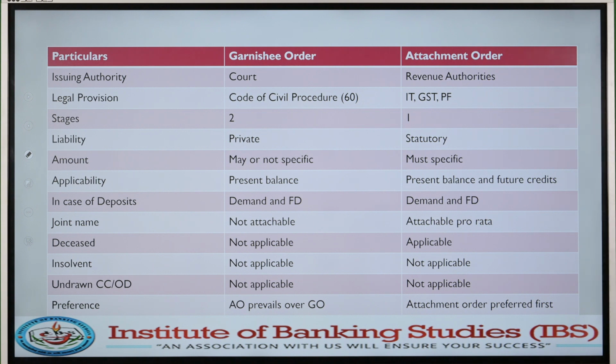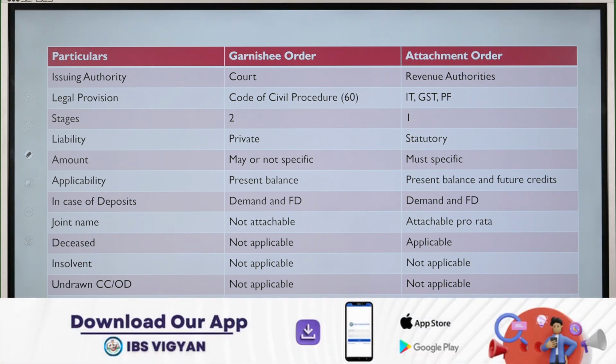Regarding legal provisions, a garnishee order is issued as per the Code of Civil Procedure, whereas an attachment order is issued by revenue authorities as per the respective act, maybe the IT department, GST or even PF. There are two stages involved in a garnishee order, order nisi and order absolute, but in an attachment order only one order will be served.